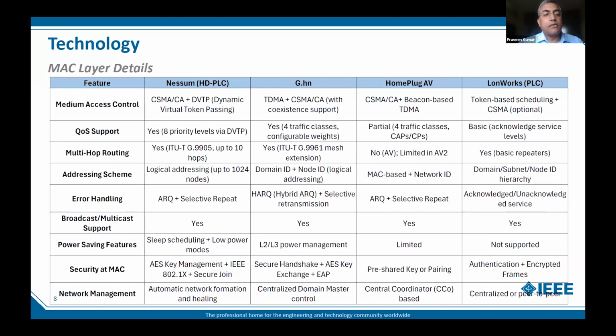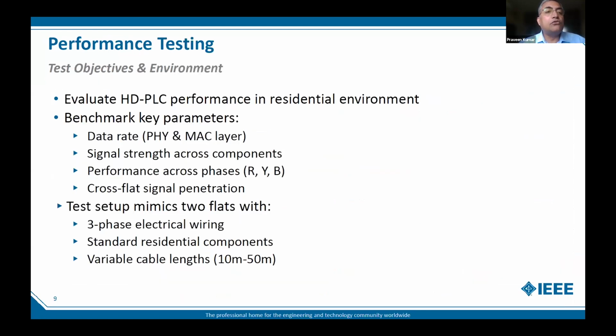Multi-hop and all is clear. Okay, directly I will go to the test setup which was created in our office. We mimicked a two-flat environment, and each had three-phase electrical wiring.